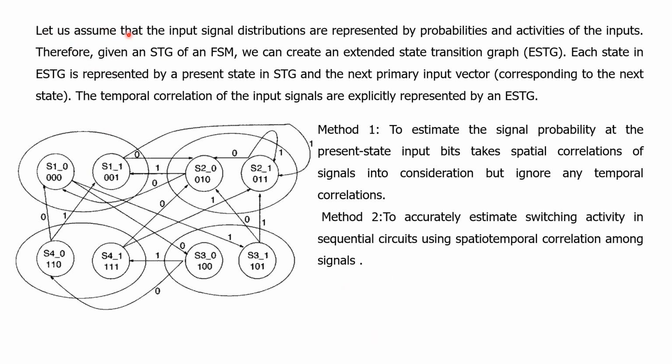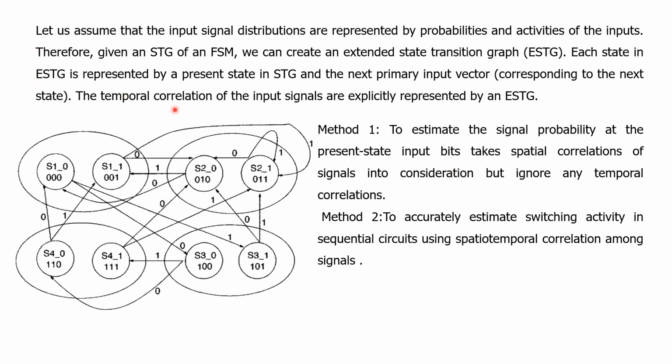Let us assume that the input signal distributions are represented by probabilities and activities of the input. Therefore, given an STG, the state transition graph of a finite state machine, we can create an extended state transition graph. Each state in the ESTG is represented by the present state and the next primary input vector.